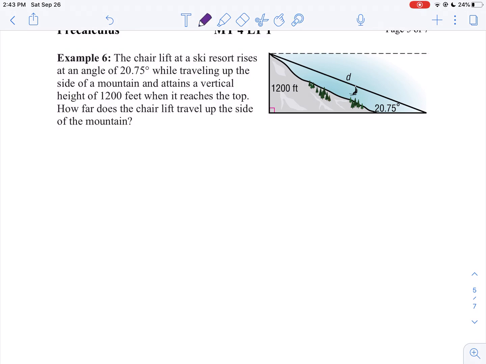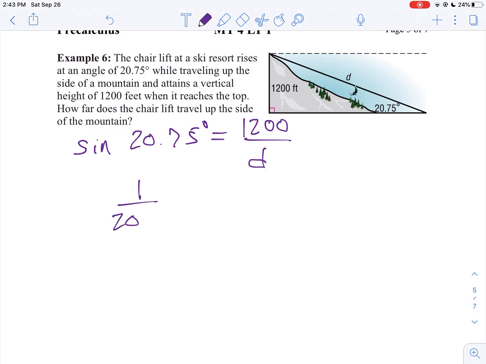You know the opposite side is 1,200, so in this case we're going to use sine. And say, oh, the sine of 20.75 degrees equals the opposite, which is 1,200, over the hypotenuse, which is D. D's in the denominator, so we'll use the property of reciprocals. We'll say 1 over sine of 20.75 equals D over 1,200.